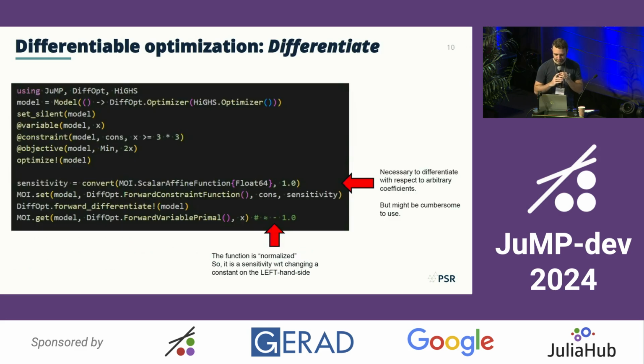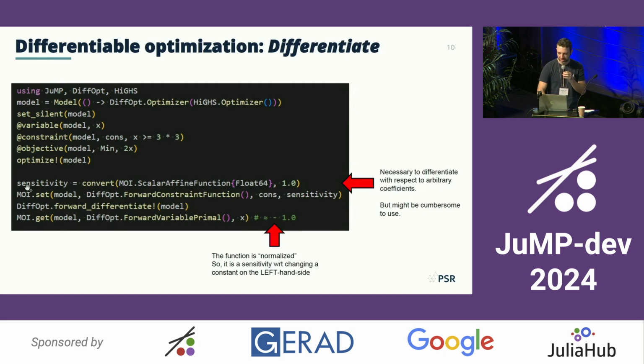It's very interesting because, again, seeing some of these JuMP macros, I think we're going to see a bunch of them during this meeting. In this case, let me see, oh yeah, this is perfect. So you define your optimization problem as usual. The only difference is that you put a DiffOpt optimizer layer on top of your solver, in this case HiGHS. And then you can query the sensitivities.